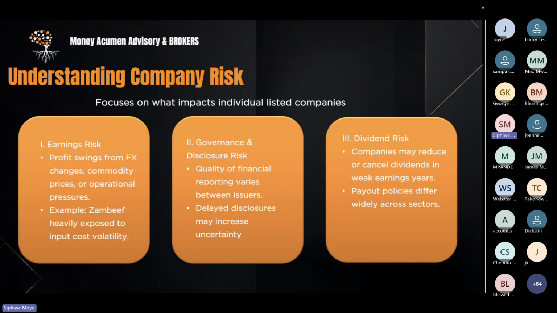Here there's earnings risk. A company's profitability. As investors, first of all, we know that our objective for investing is to get a return. In this case, a return from investing on the stock market is through dividends and capital gains, right?